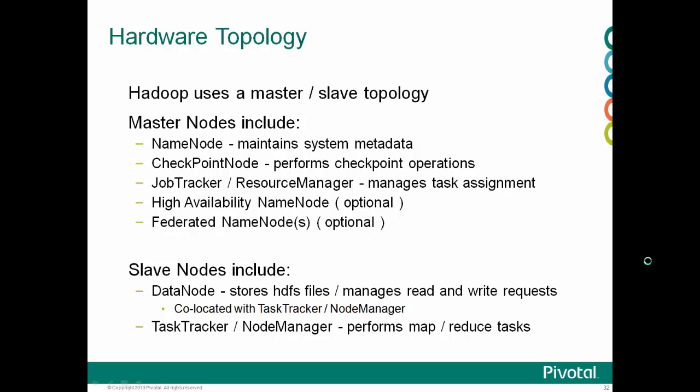The slave nodes include data nodes, which is the storage device, stores HDFS files, manages the reads and the write requests for those files, and task trackers or node managers, which perform map-reduce tasks.